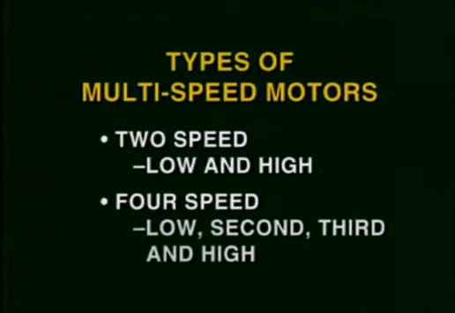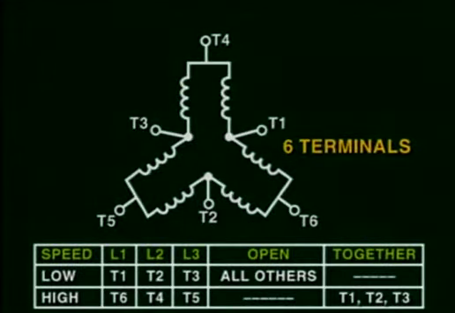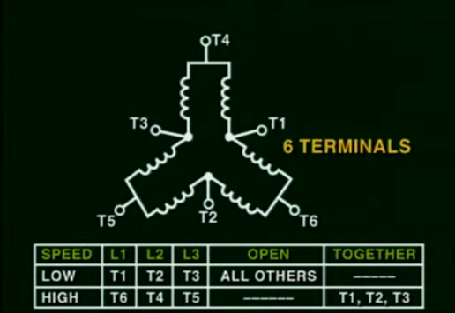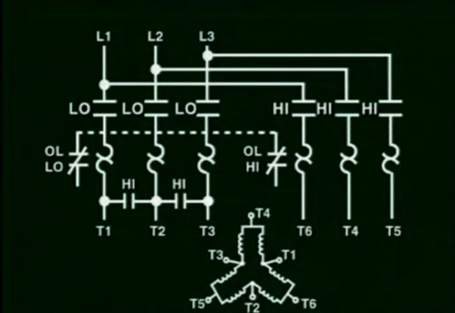Some motors provide two speeds, low and high, while others provide four speeds, such as low, second, third, and high, just like the gears in our cars. Multi-speed motors provide the necessary wiring to allow for proper connection of the poles at the stator. These connections are controlled by using circuit interlockings in the control circuit and in the power circuit, so that the motor is not run at low and high speeds at the same time.